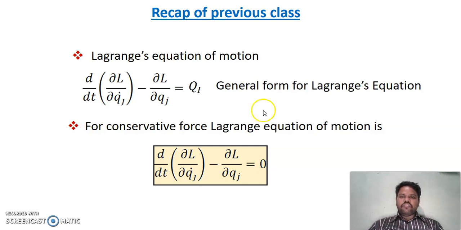For a conservative force, Q j is equal to 0. Then the Lagrangian equation of motion becomes d by dt of dou L by dou q dot j minus dou L by dou q j is equal to 0.